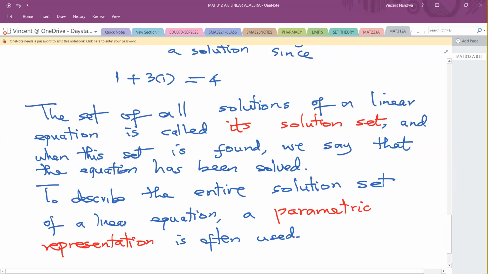So I'll describe with an example to explain what this really means, by getting the parametric solution of an equation.